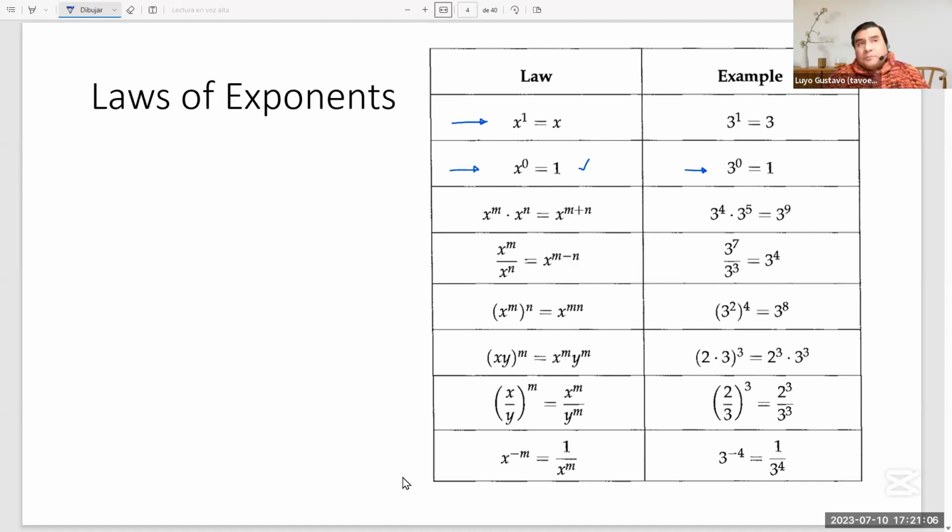Okay? Then what about, for example, the multiplication of 2 powers? As you know, a power is this, right? This setup of 2 numbers together, this is called the base. This is called the exponent. But the whole thing is called a power, the result of that operation.